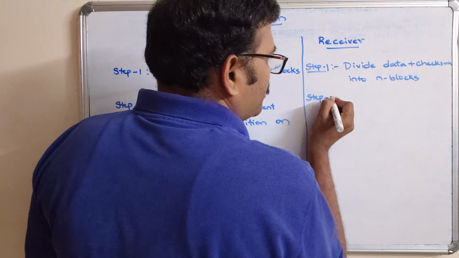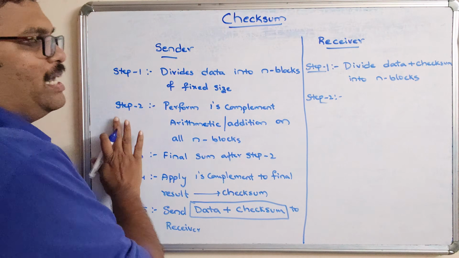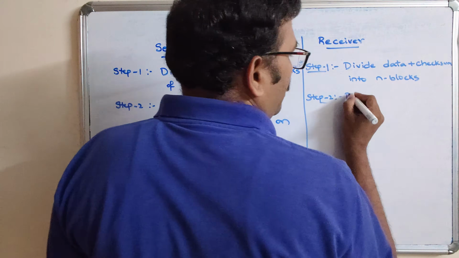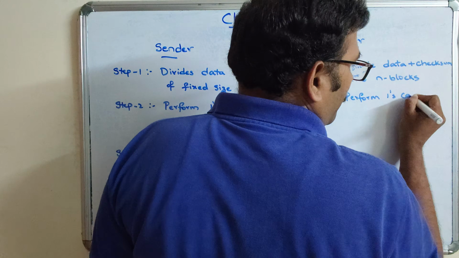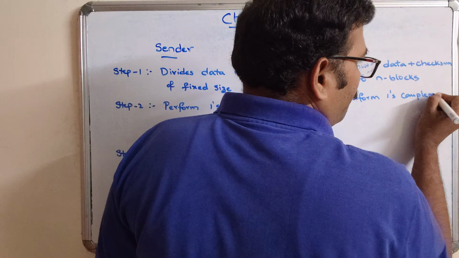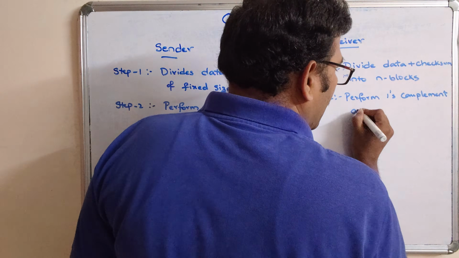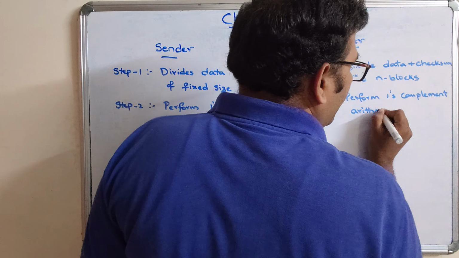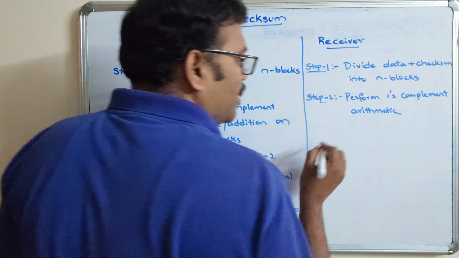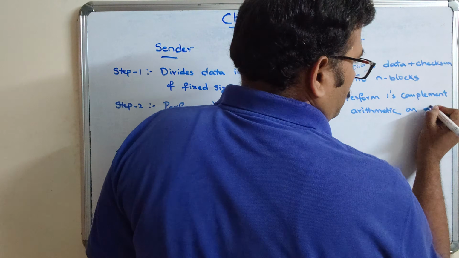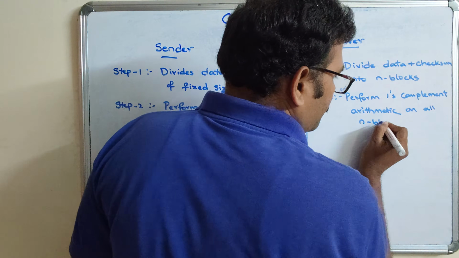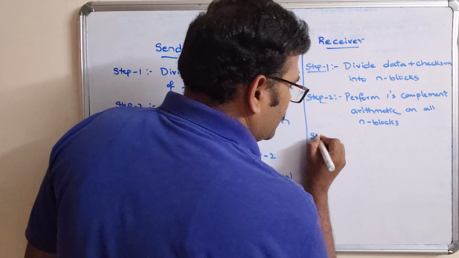The same steps that we did on the sender side. Then again perform ones complement arithmetic on all n blocks.